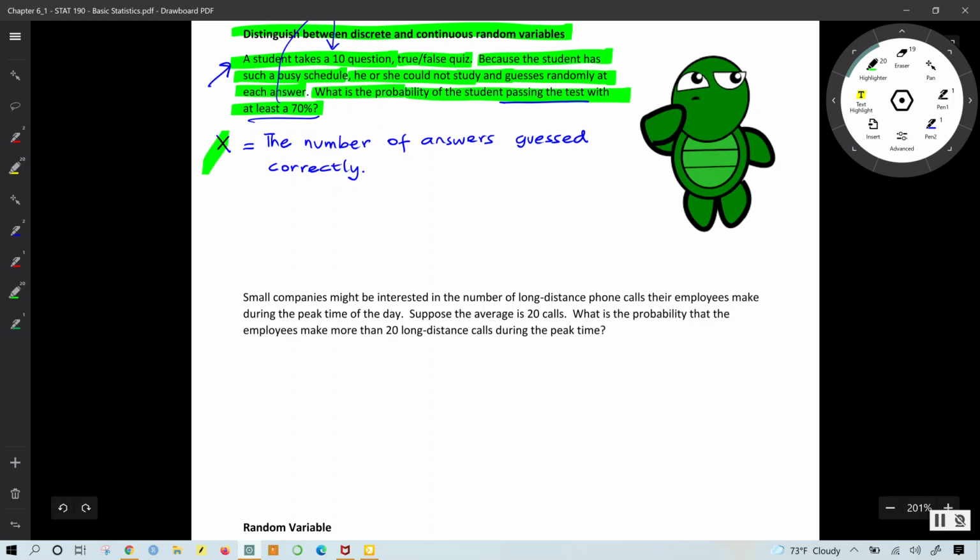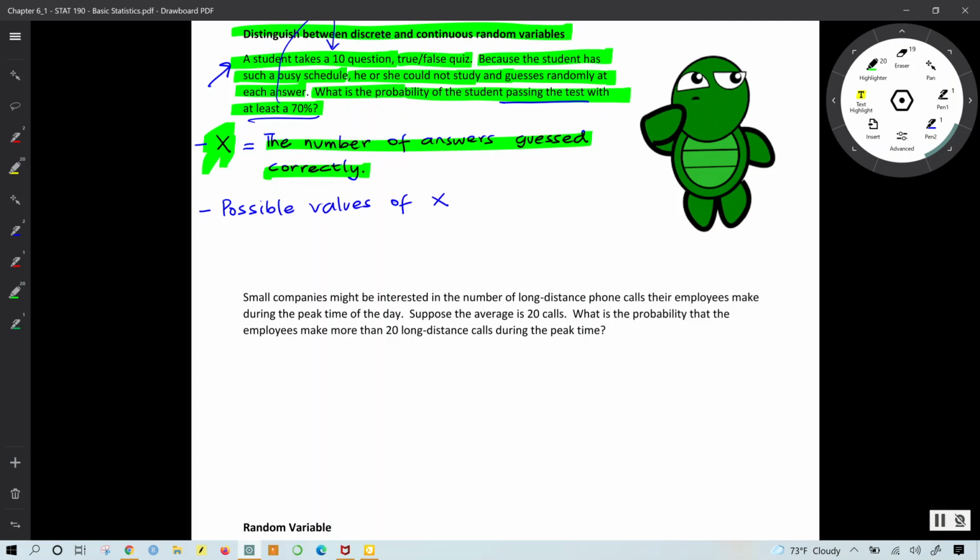Having defined what the variable of interest here is, x, that is the number of answers guessed correctly, the next step we would like to note would be the possible values of x. That is, what are the possible numbers of answers that can be guessed correctly by the student?